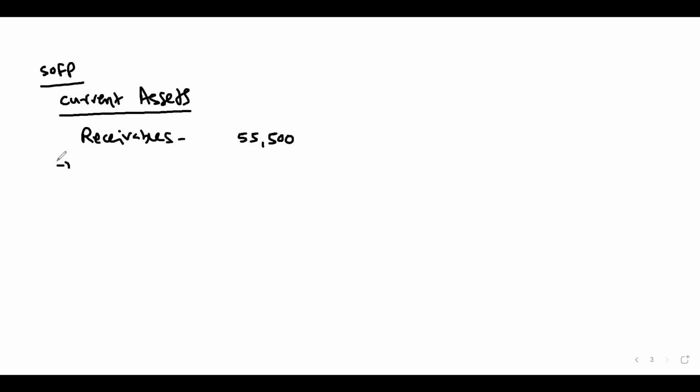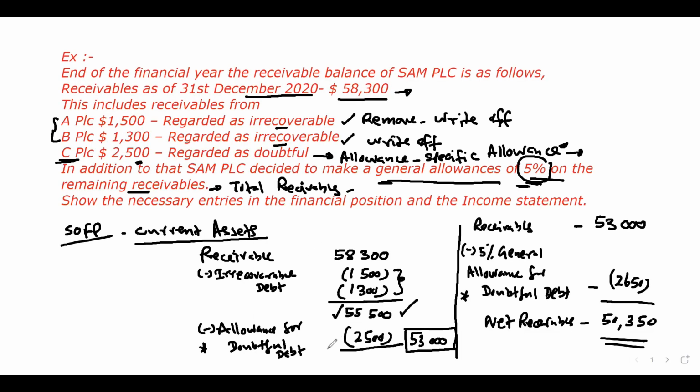Then we should deduct allowance for doubtful debts. This is how you have to show it on the face of the financial position. For doubtful debts, we have two components, specific provision and 5% general allowances. Specific we had 2,500, and general we had 2,650.